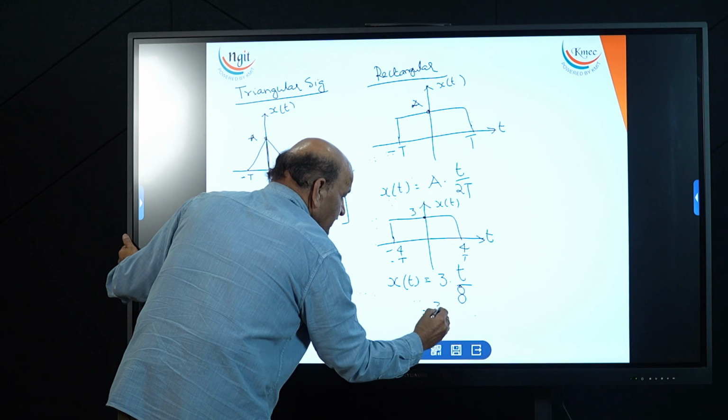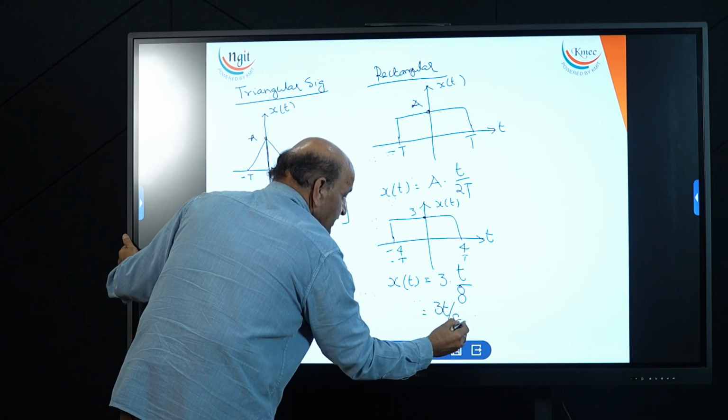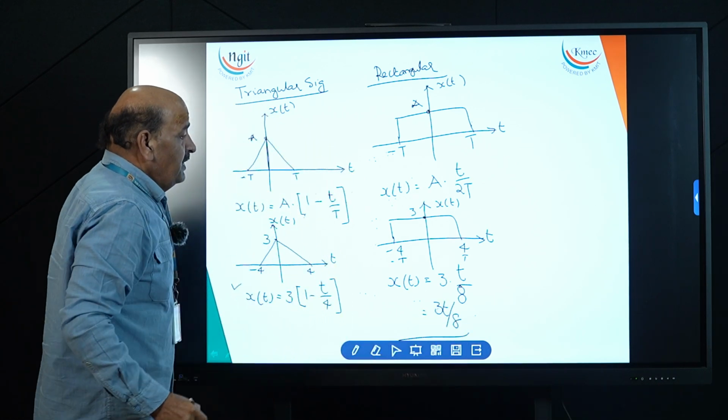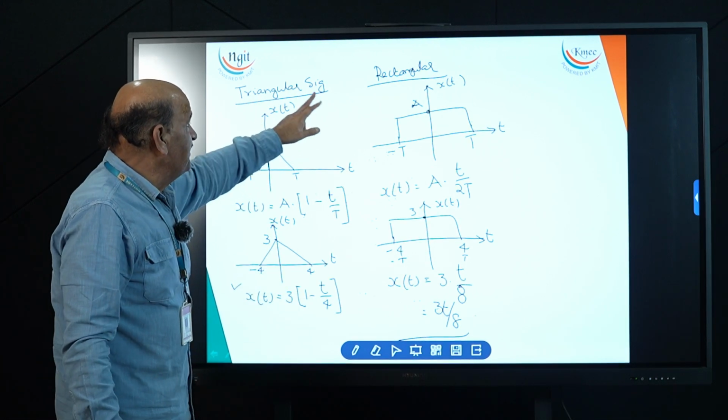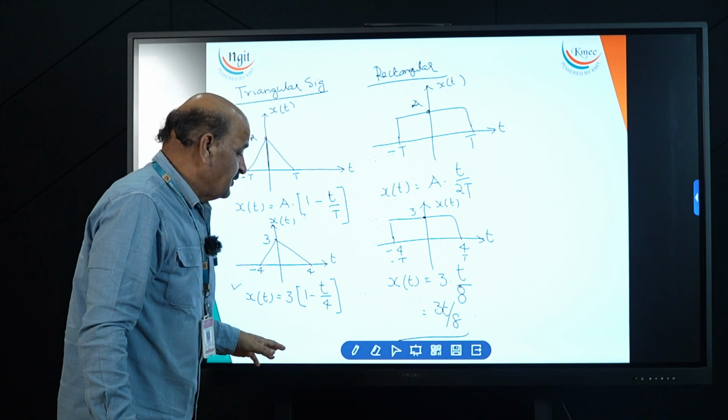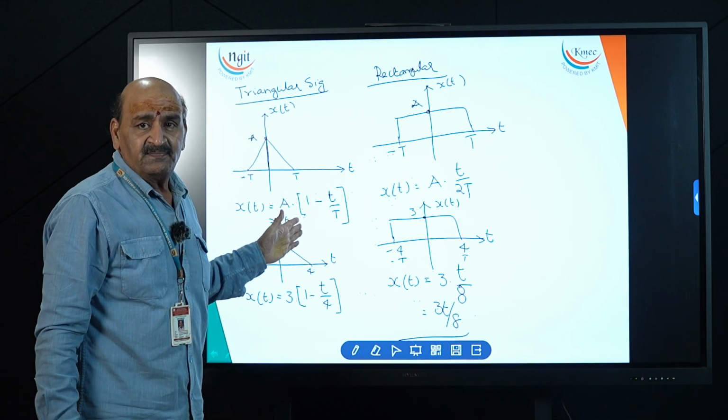That means 3t by 8. That is the rectangular representation. The difference between triangular signal and rectangular signal. So this is the end of this one. Thank you.